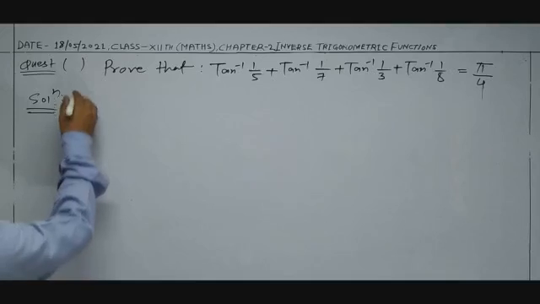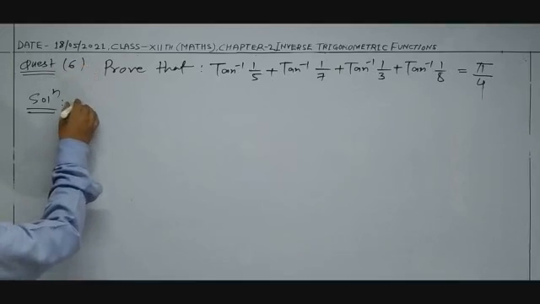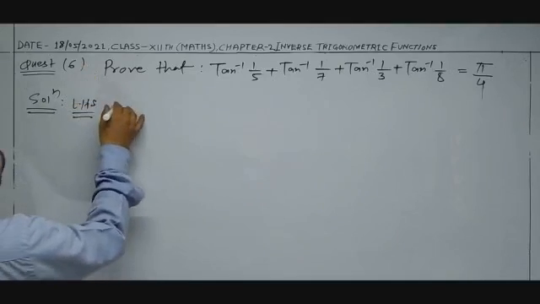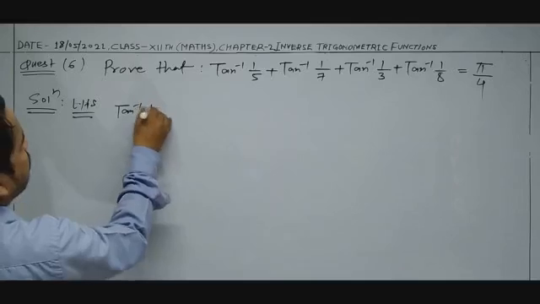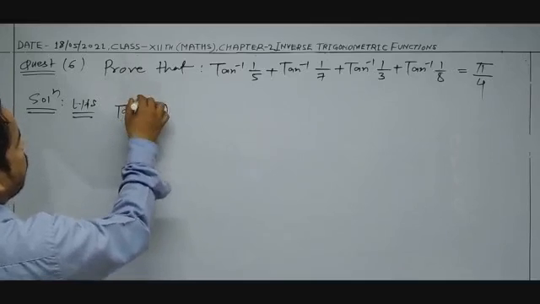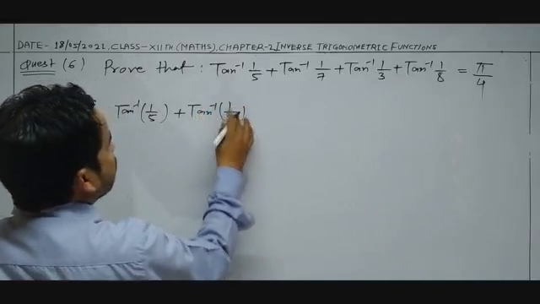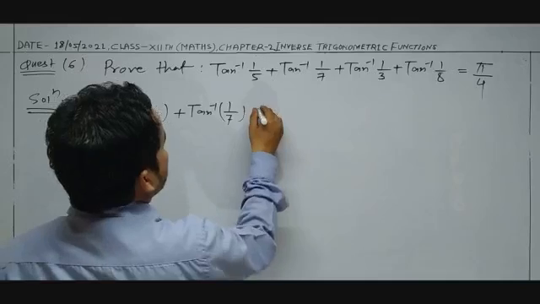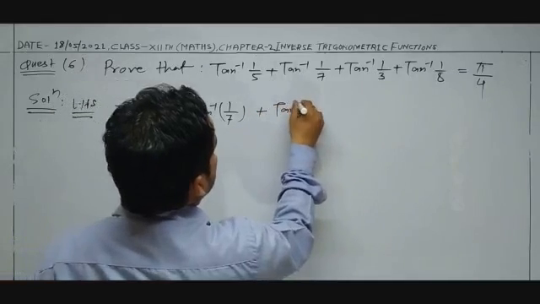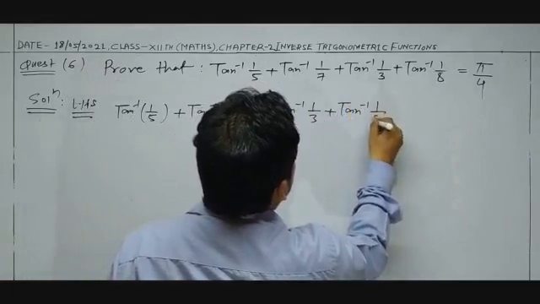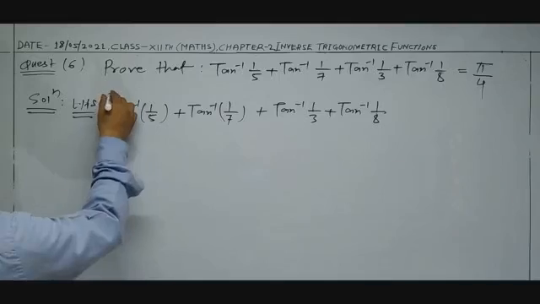Taking the left hand side, LHS: tan inverse 1 by 5 plus tan inverse 1 by 7 plus tan inverse 1 by 3 plus tan inverse 1 by 8. So pair it.